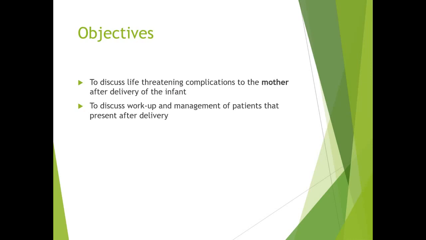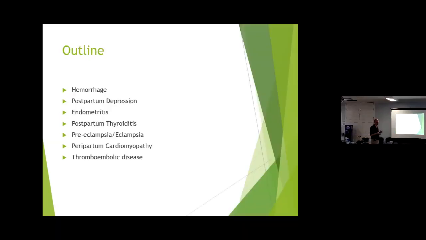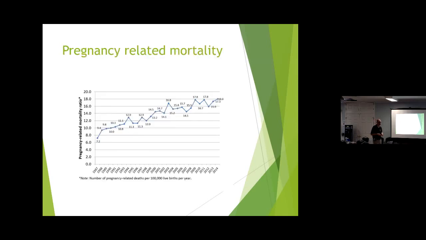A lot of it can be solved with diesel, maybe some of it supportive care, and we'll take a look at specific cases. I'm talking about postpartum hemorrhage, depression, the baby blues, endometritis, thyroiditis. We're going to talk about preeclampsia and eclampsia, which can still happen after the baby is delivered. We're going to talk about peripartum cardiomyopathy and then thromboembolic disease.